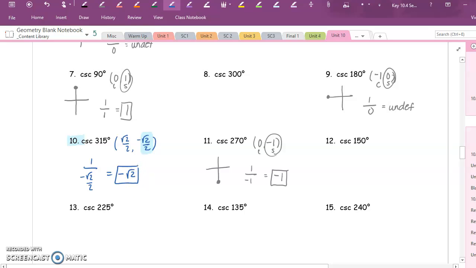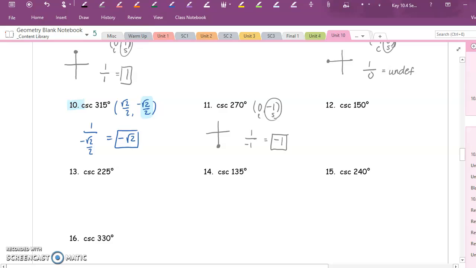Another one that ends in a 5, we have number 13, 225. 225 ends in a 5, and this is in the third quadrant, so it's both negative. Negative root 2 over 2, comma, negative root 2 over 2. Again, cosecant is 1 over sine, so we have 1 over negative square root 2 over 2.